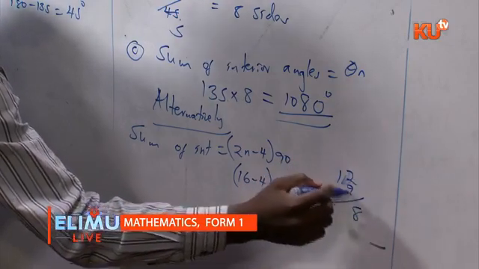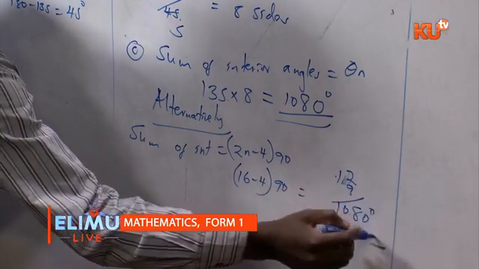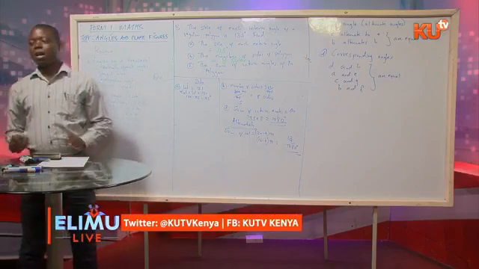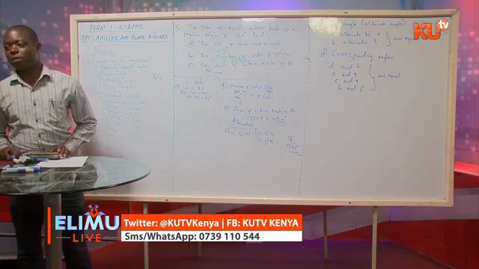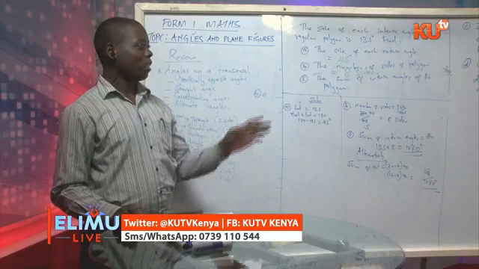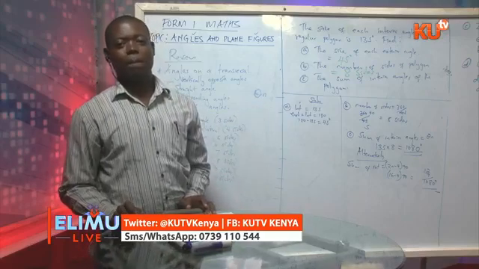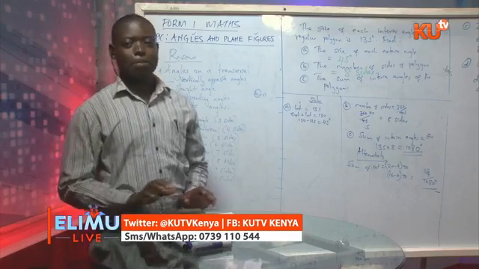Multiply, this is 1,080 degrees. So whichever the formula, you still find the same value. And it only works if those polygons are regular polygons. If you have irregular polygons, then what you are saying will not work out. So please note, it can only happen, as we explained, if the polygons are regular.